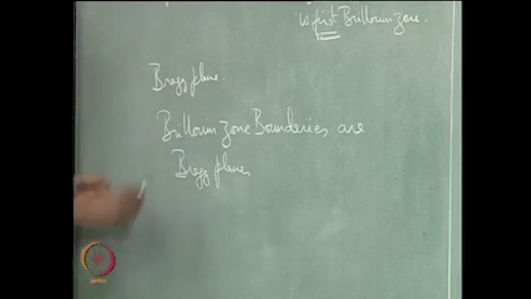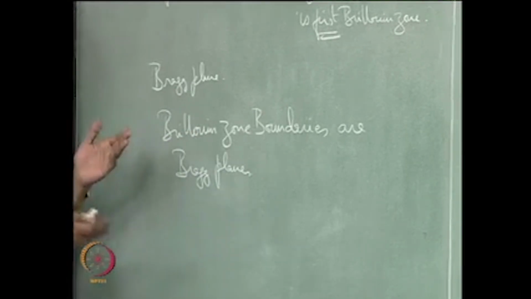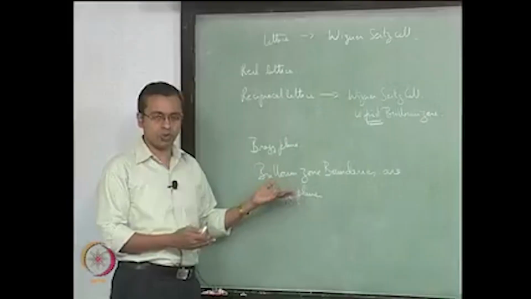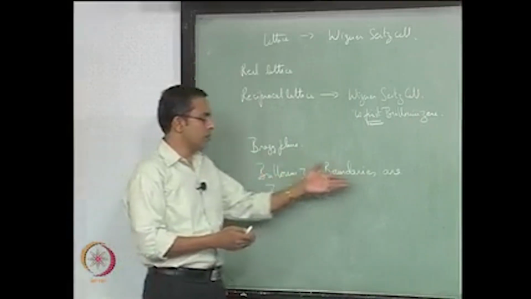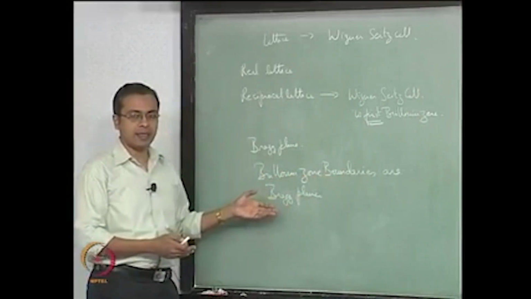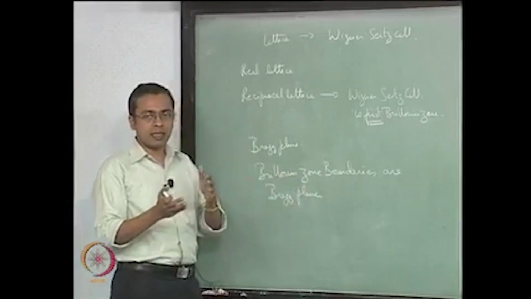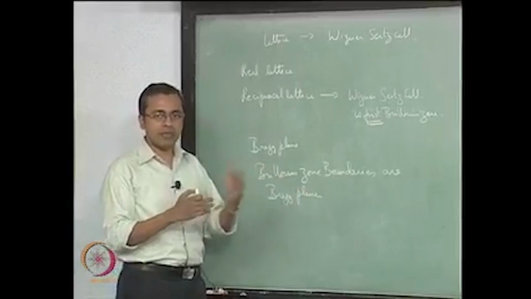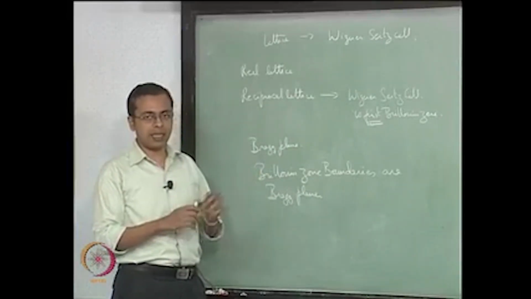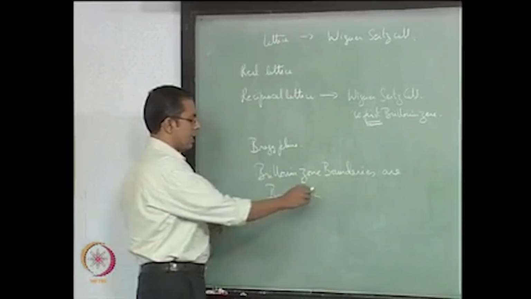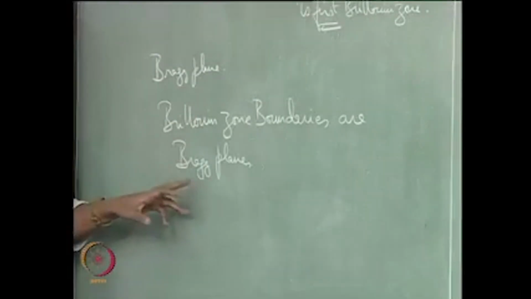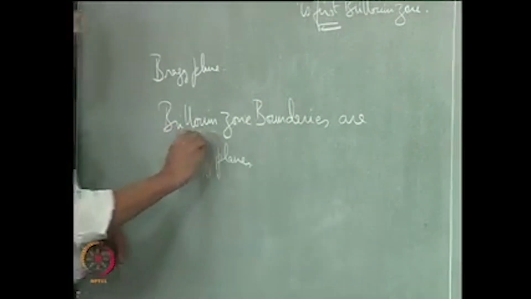But now having defined it, we understand that in any structure when I identify the Brillouin zones, effectively all the boundaries of those Brillouin zones are Bragg planes, and if it is the nth Brillouin zone, then the boundaries are where we have crossed n minus 1 Bragg planes, we have not crossed the nth Bragg plane. So that is how the Brillouin zone is. So effectively the Brillouin zone boundaries are Bragg planes. So this is a very important information that you should keep in mind.